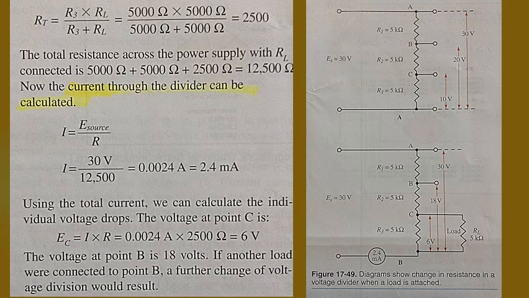The voltage at point C is EC equals I times R, which equals 0.0024 amps times 2500 ohms, which is 6 volts. So the voltage at point B is 18 volts. If another load were connected to point B, a further change of voltage division would result.